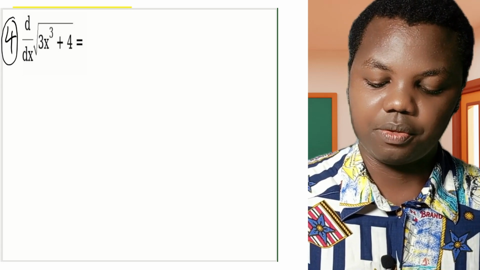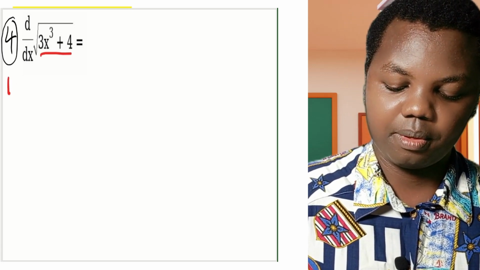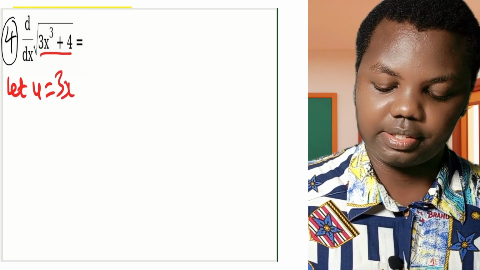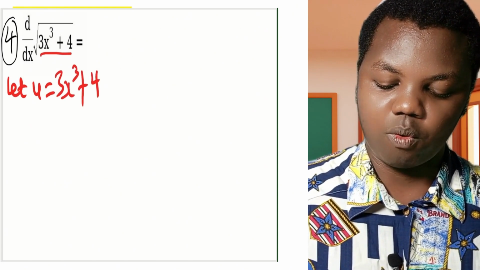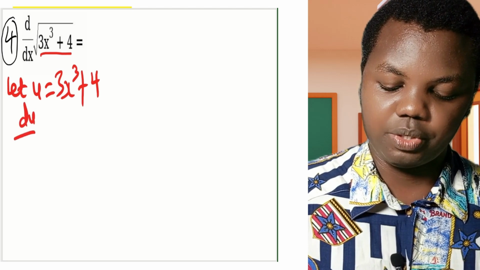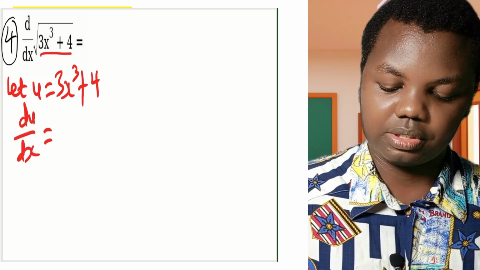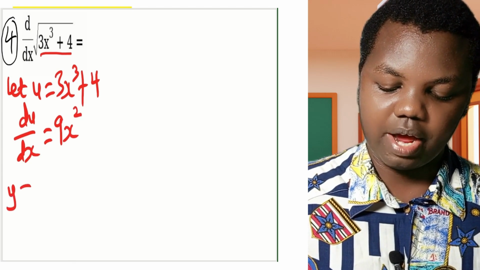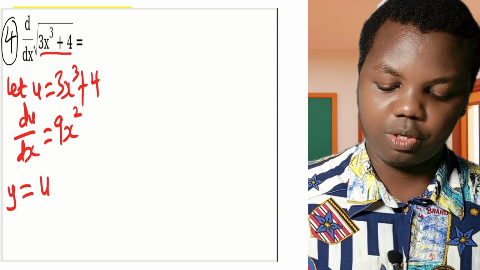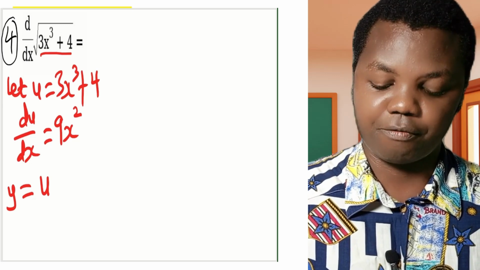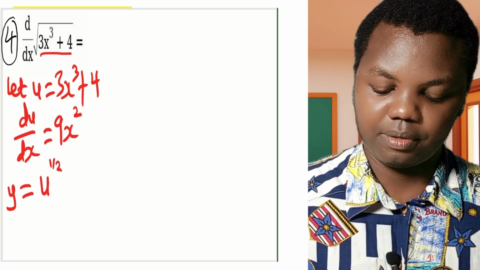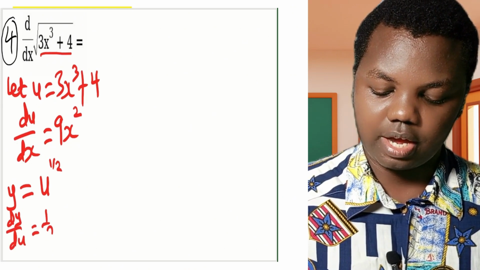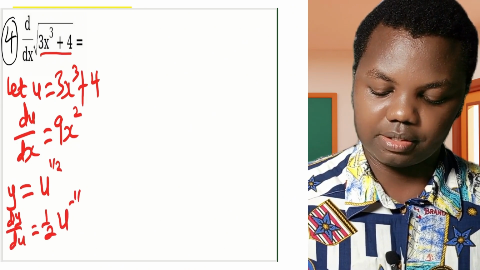The next question. So this becomes my u. Let u equal 3x cubed plus 4. So du/dx equals 9x squared. Then my y becomes u to the power of, square root means to the power of half, u to the power of half. So dy/du becomes half u to the power of minus half.